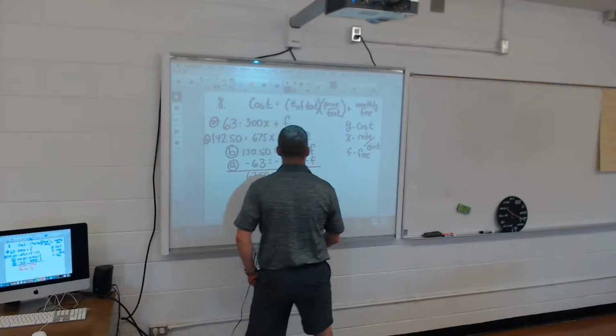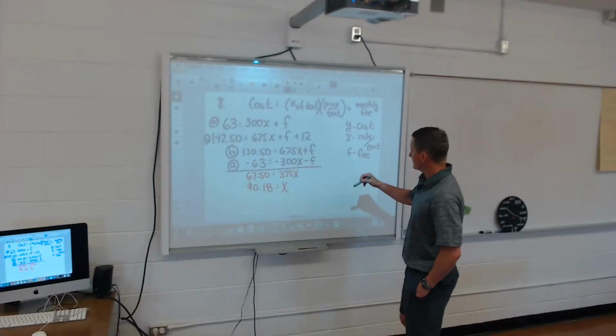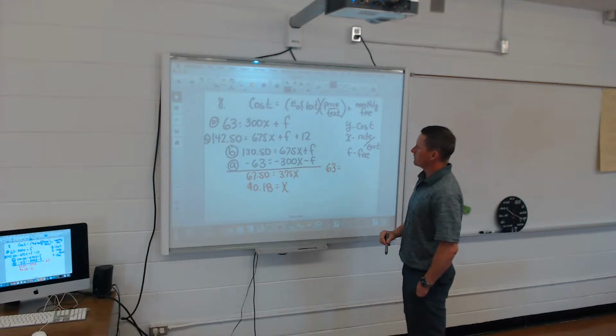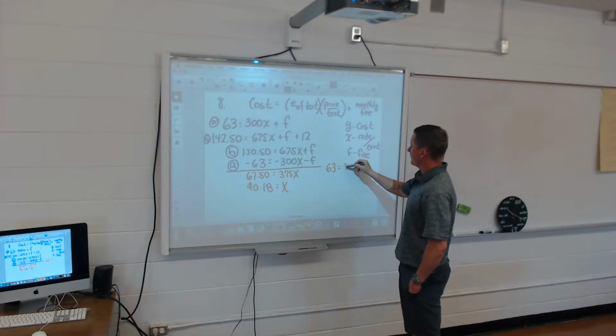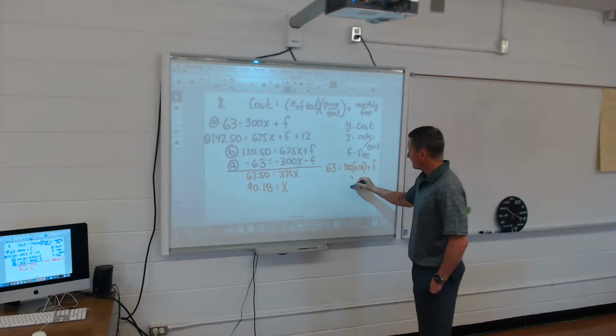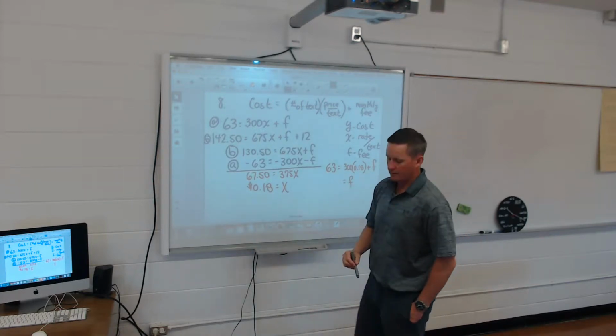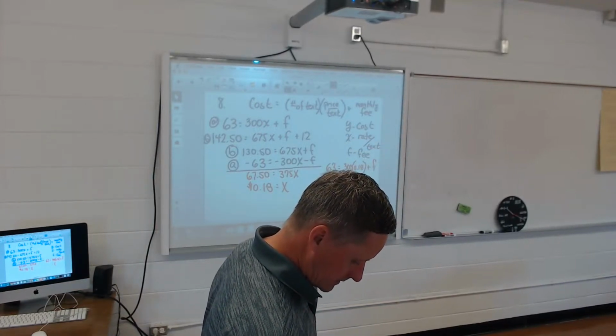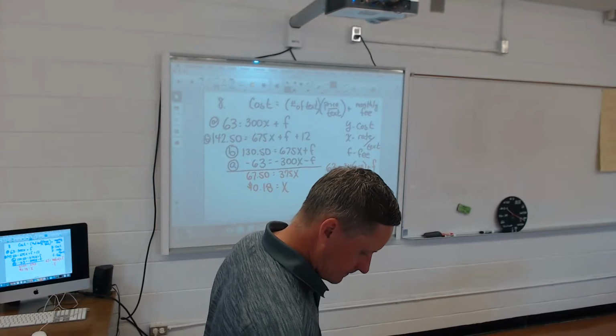So now what I'm going to do is find out what my monthly fee is. So I've got $63 is equal to 300 times 0.18, add my monthly fee. So 63 minus 300 times 0.18.